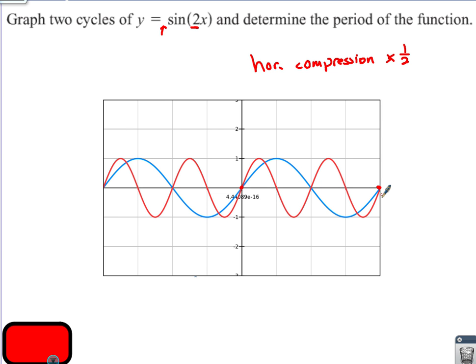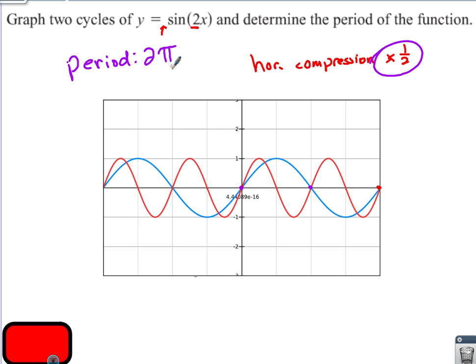If you look at the red one, it starts over here, not here. It starts over in half the time, because you compressed it by half. It's kind of like an accordion. So therefore, instead of 2 pi, and here's what you can do: your original period, 2 pi.